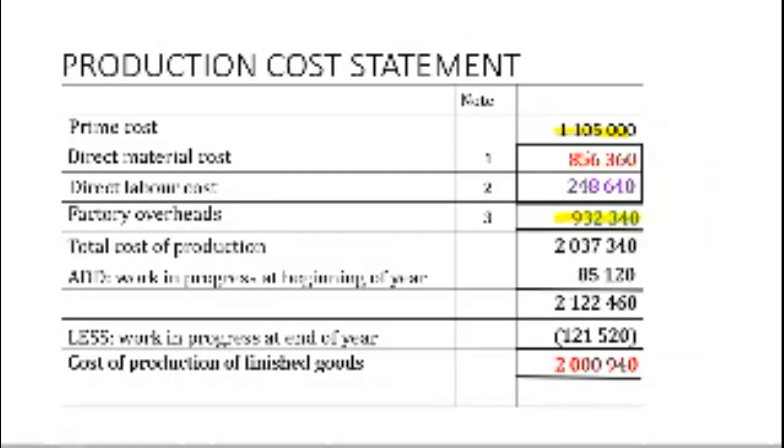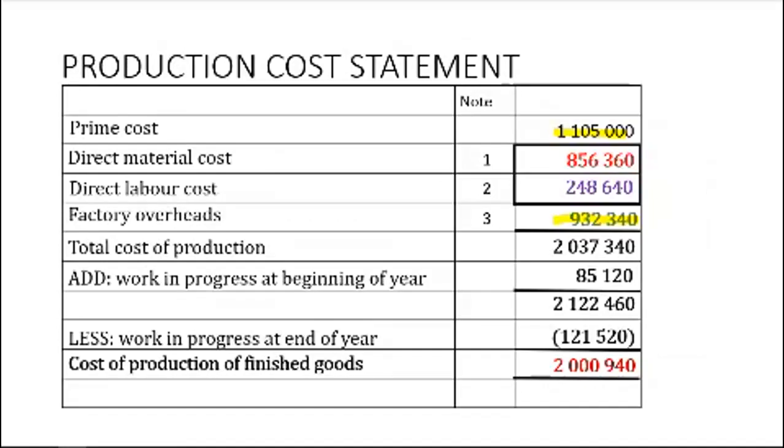So if they want the unit cost, you will simply take that 2,940,000 and divide it by the number of units produced. Normally, they will tell you that these number of units were produced.